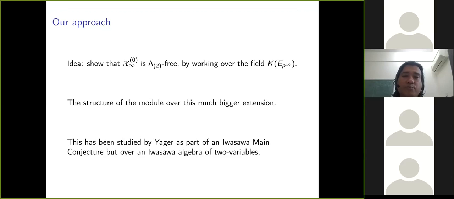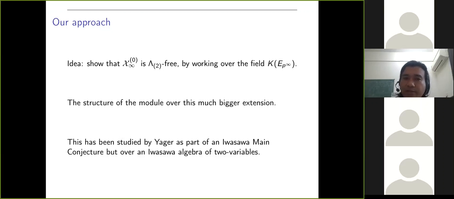So Lambda 2 will be a power series ring in two variables with coefficients coming from Zp. And I can look at the calligraphic X infinity again in this setup. So I'm going over to a much bigger extension, and this has been studied by Yager.